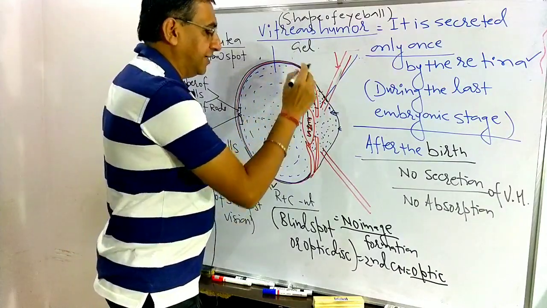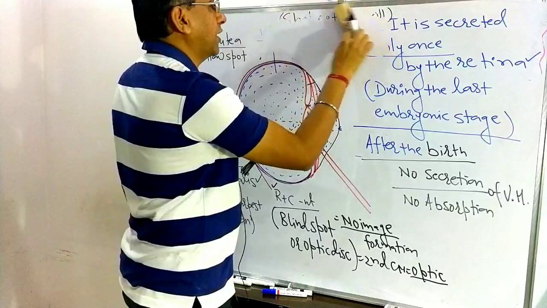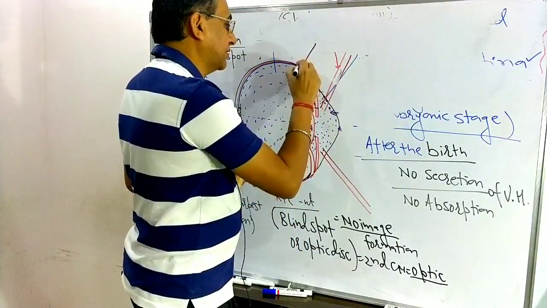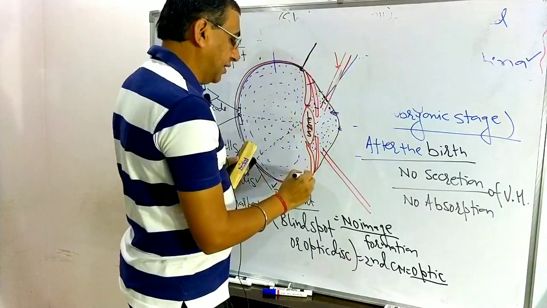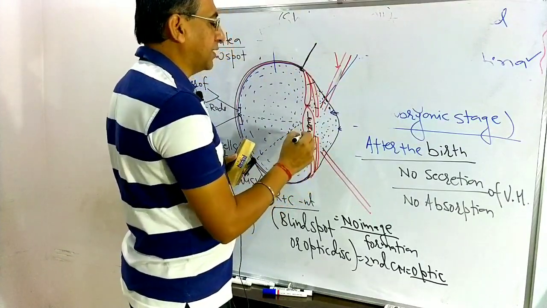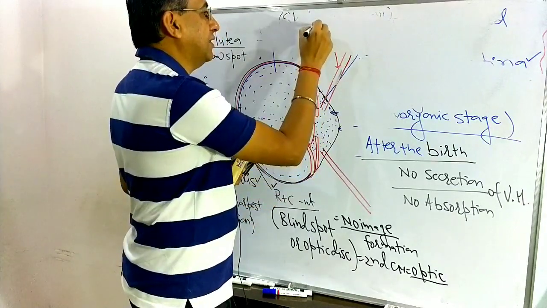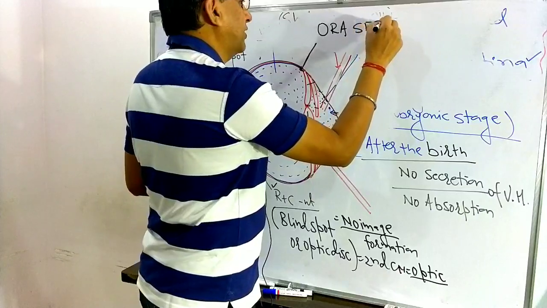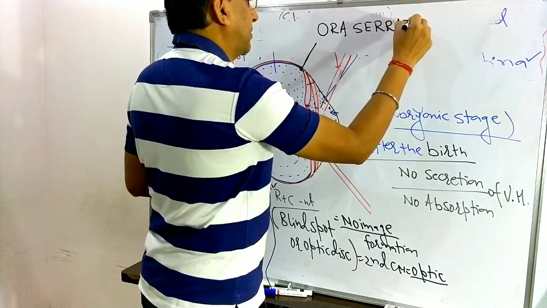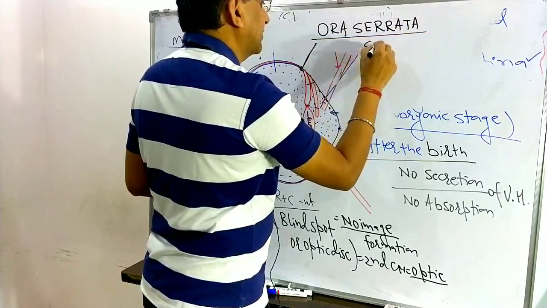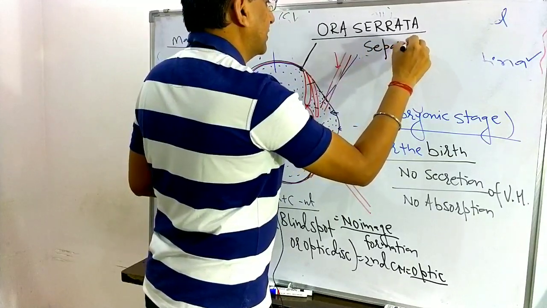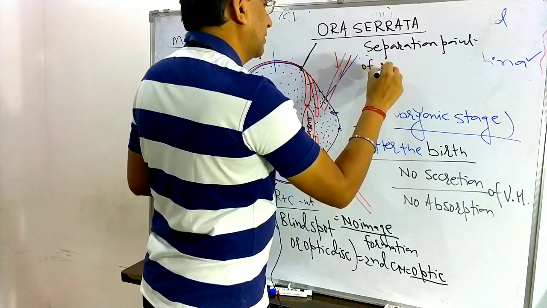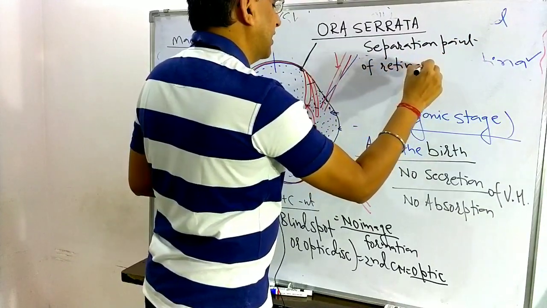Now just see, the retina and the choroid are separated from each other here. That is the optic part of the retina, separated from the choroidal part of the retina and the iridial part of the retina. This point is known as the ora serrata, the separation point of the retina and the choroid.